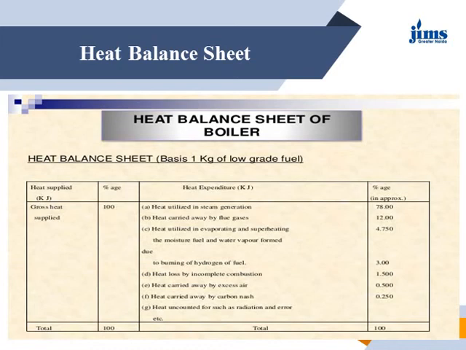This is the same type of balance sheet, but in this case it shows how much heat is generated, how much heat is utilized, how much heat is wasted. So these are some expenditures. Heat utilized in steam generation is equal to the previous one. These are standard data, so there should be no confusion at all.